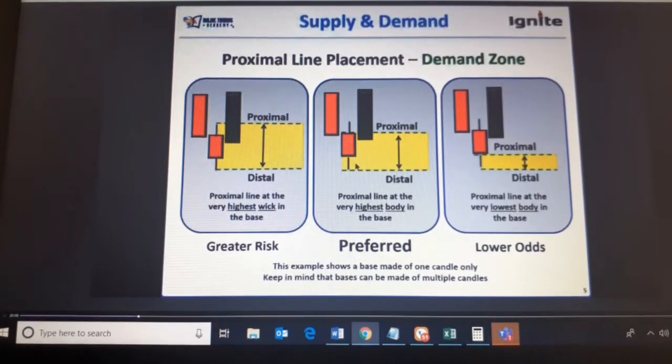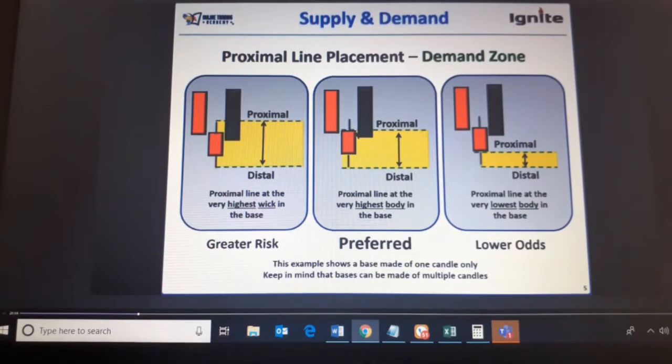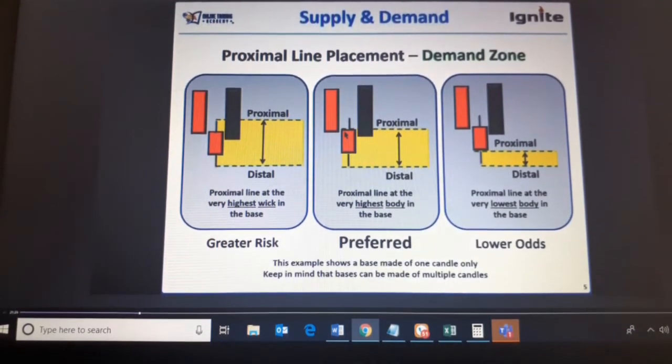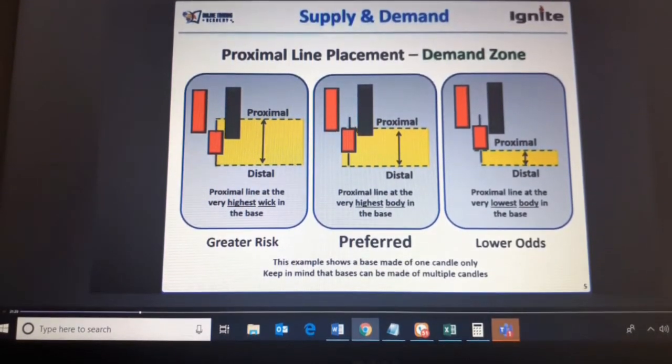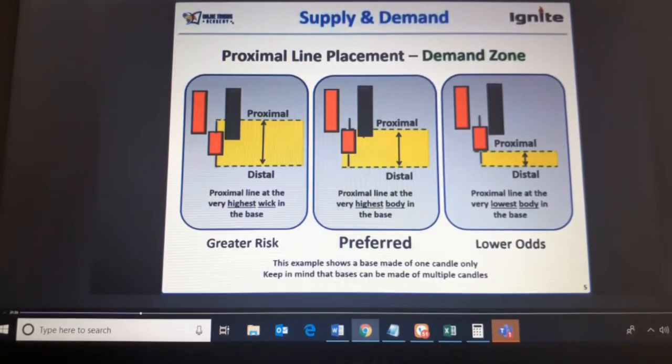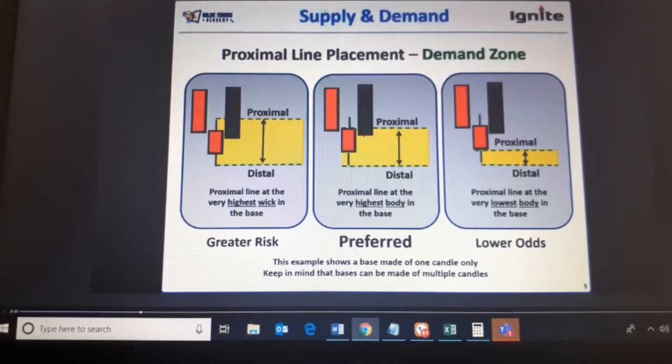Similarly, here you are drawing your line at the highest body in the base. So here the risk is less than the first one, but the probability of getting trades reduces, because we are marking the zone wick to body.